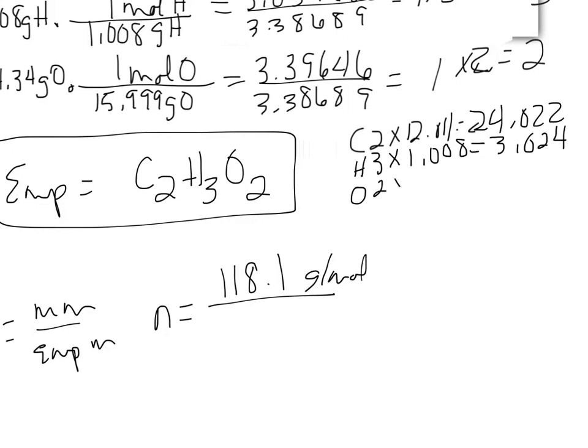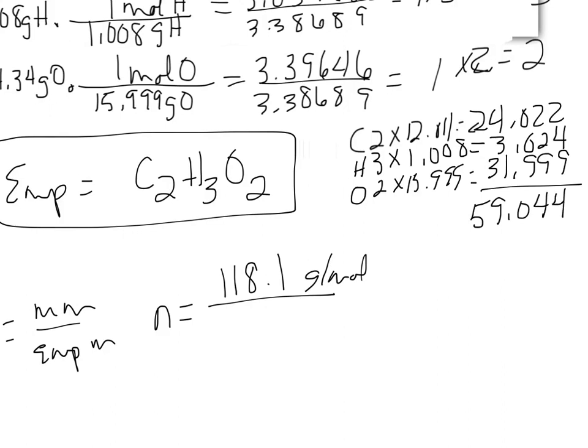And there are 2 O's times 15.999. If you want to do this all in your calculator in one step, that's fine. But just take your time and don't make a mistake. And I got 59.044. So that goes here.